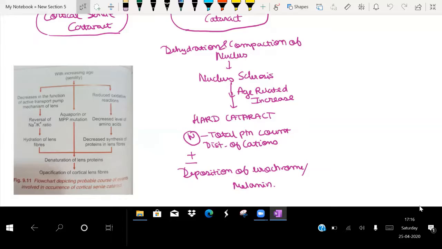If there is a mutation in this protein, it can lead to overhydration. There could also be reduced oxidative reactions, so decreased levels of amino acids and decreased synthesis of proteins, leading to denaturation of lens proteins. All these three factors together form the opacification of the cortical lens fibers.